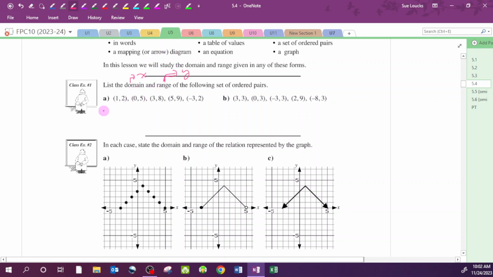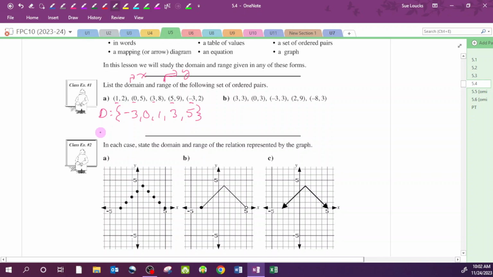We're going to list them in numerical order, and we only list each number once. So the domain, we go D colon. So the domain is the set of numbers. I've got -3, 5, 3, 0, and 1. So I'm going to write that -3, 0, 1, 3, 5. So that is the domain.